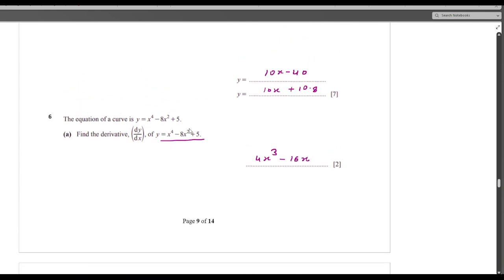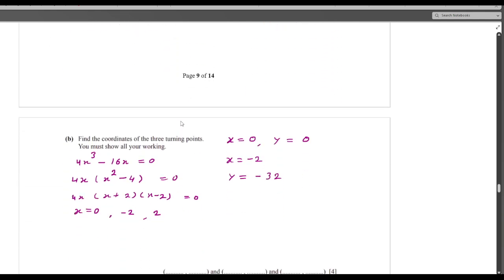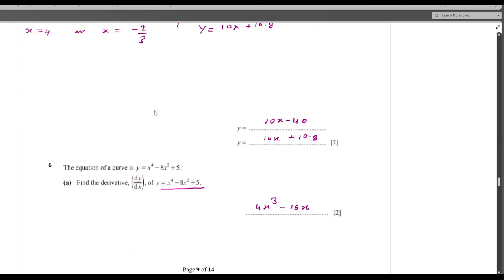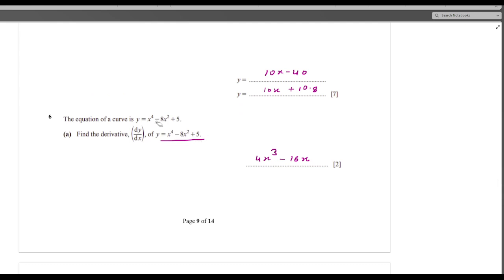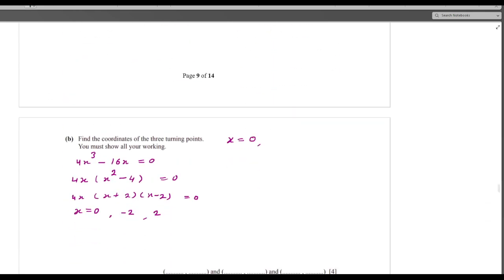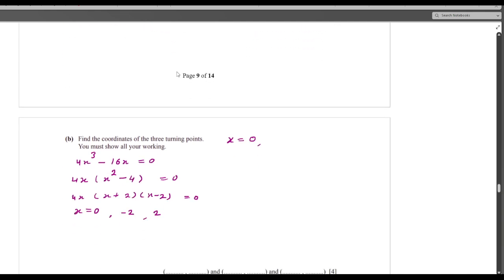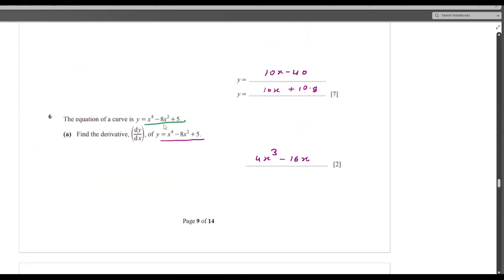Wait. I'm making one mistake. Okay, absolutely, I'm making a blunder. Now I have to use x power 4 minus 8x square plus 5. This is my y. So when x is 0, definitely if I put x as 0, I get my y value as plus 5. And for x as minus 2 or plus 2, I have the same answer.